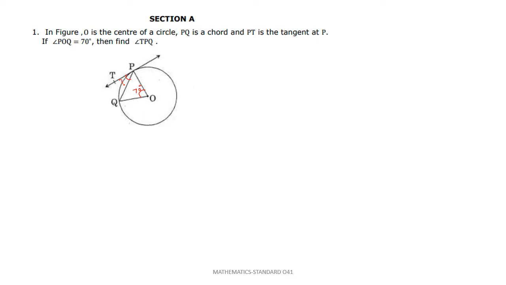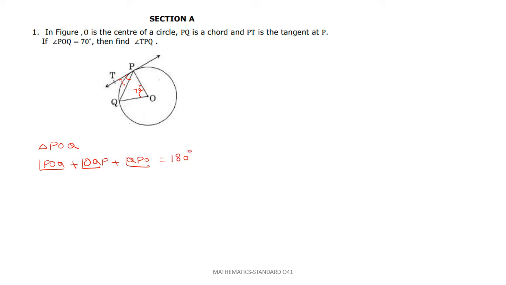So first let's start with the angles in a triangle. In the triangle POQ, we know that the total angle of the triangle is 180 degree. So we can write angle POQ plus angle OQP plus angle QPO is equal to 180 degree.